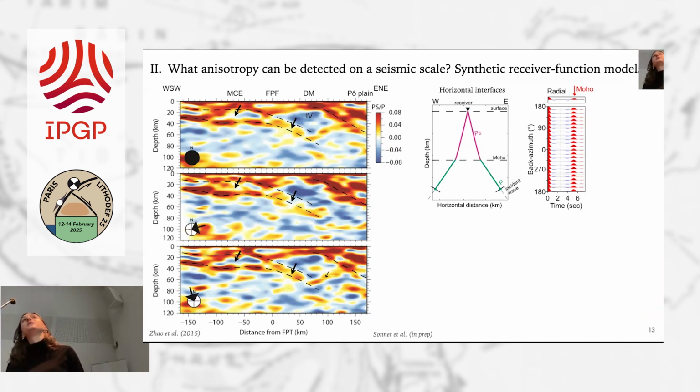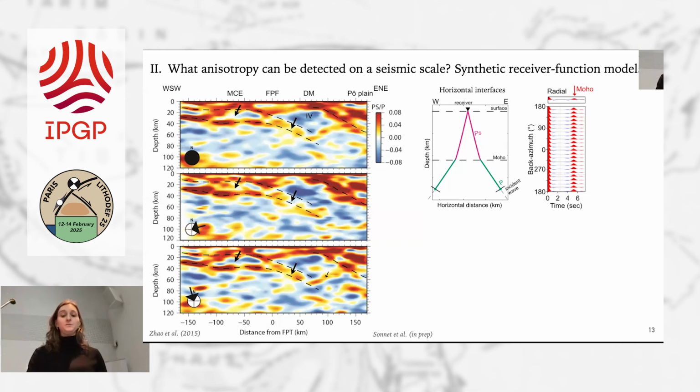You can see that the P direct waves will be converted into S waves at this interface, and the signal that is generated will always be positive. This is what is shown here as a function of back azimuth, so as a function of the angle of the wave propagation.